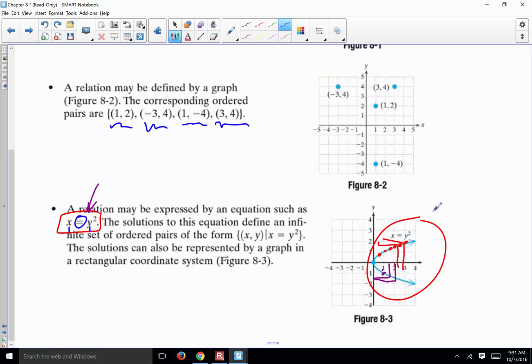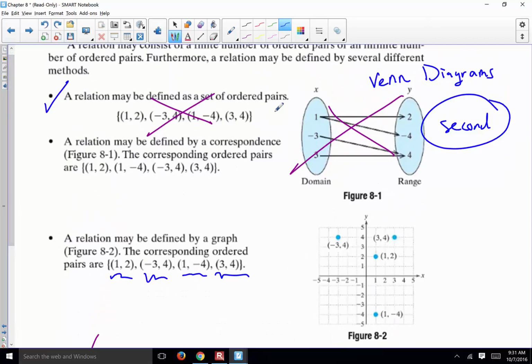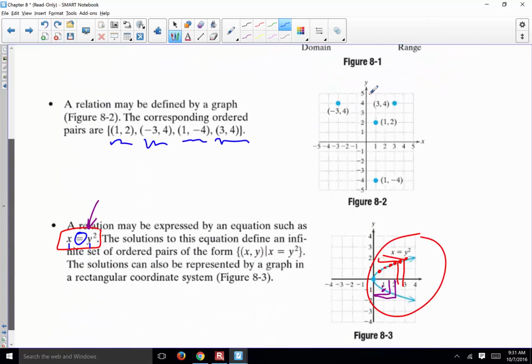Okay? So how many different ways of showing relations are there? List, Venn diagram for finite options. Dots, again a finite option. Graph, but if you have so many numbers, we use a solid connected curve or lines or equations.